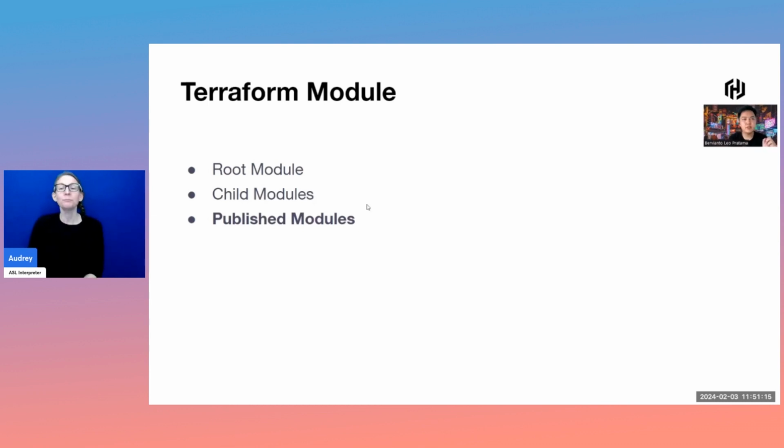The other kind is published modules. What is the difference from child modules? Child modules are usually in the same directory.